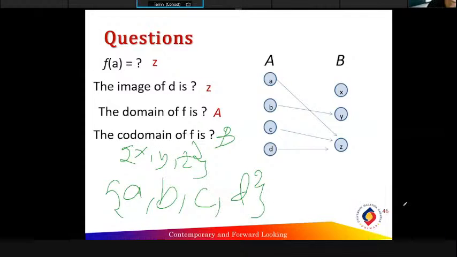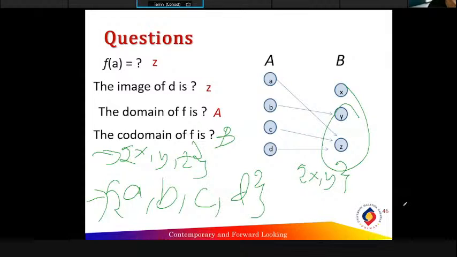Why I'm showing you two different ways: if they ask you what's the range, then you know the range is only X, Y. So there are instances where instead of just saying set A, set B, you have to list out the elements. When you always use this way of listing out the answer, then you won't confuse yourself later on when you need to answer a question and think, oh no, I forgot what's the range.